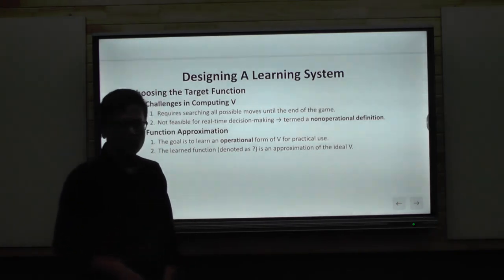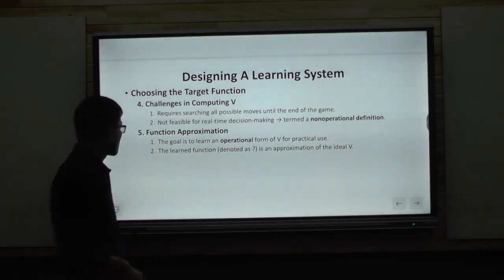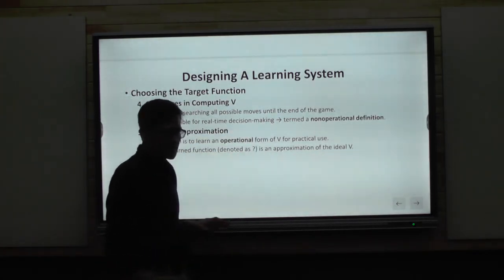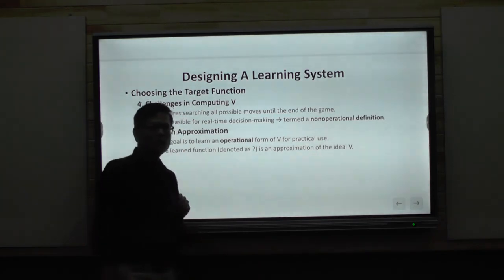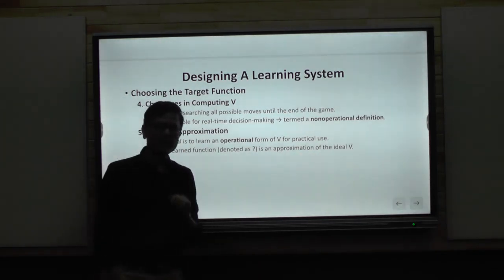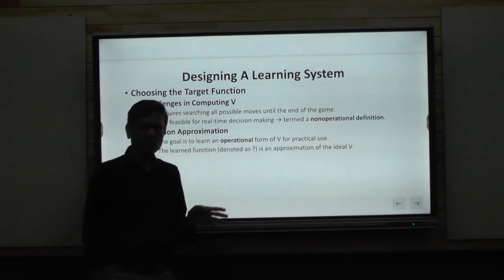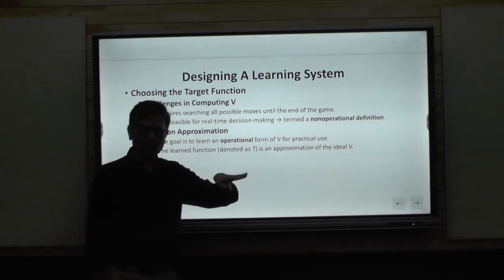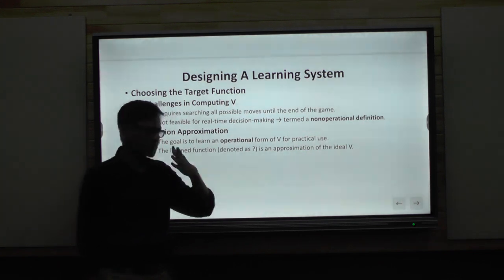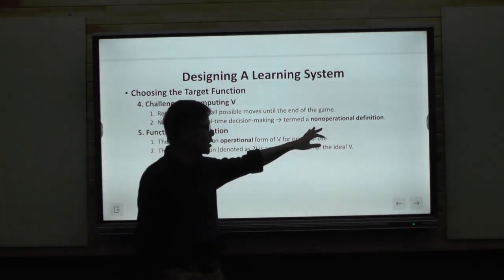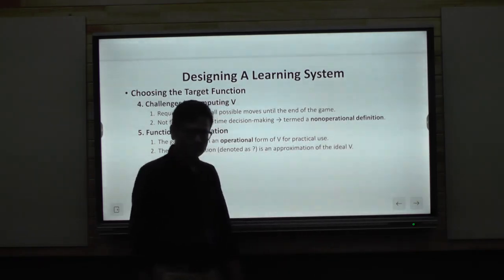It is not feasible for real-time decision making. Of course it is not feasible, because when you are searching a large space, you consume a lot of time. And if your search problem is not linear, you can have exponential time to search. That is also possible. So this is termed a non-operational definition.